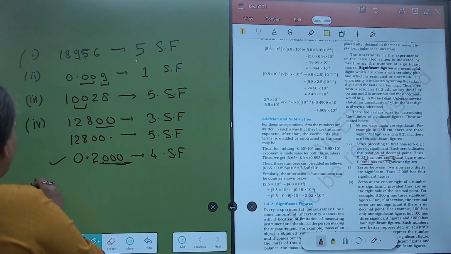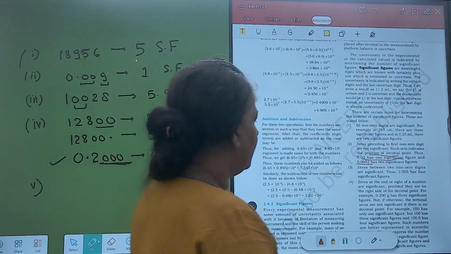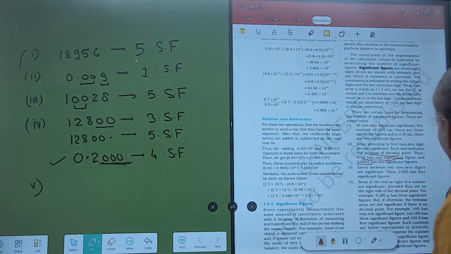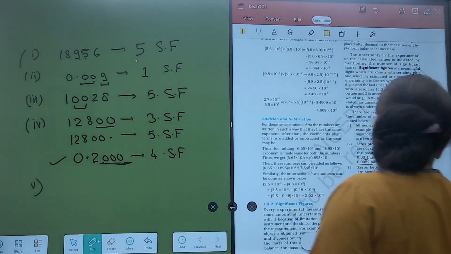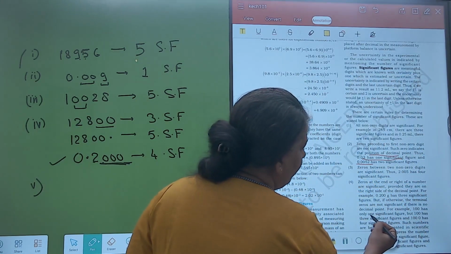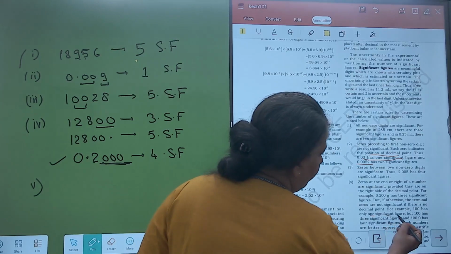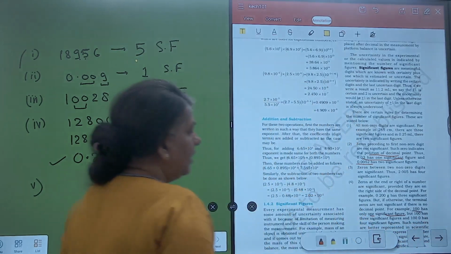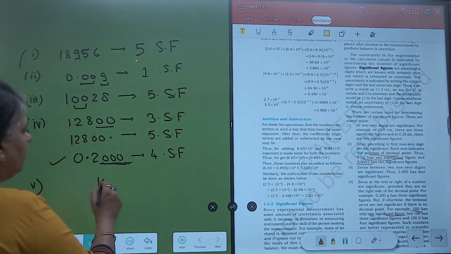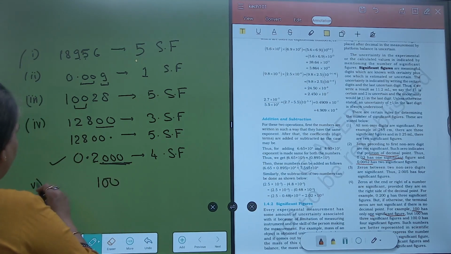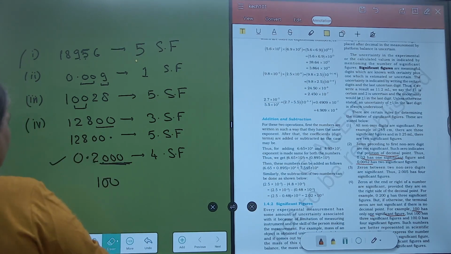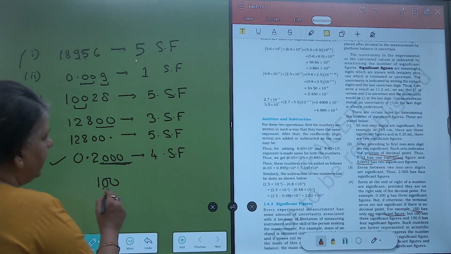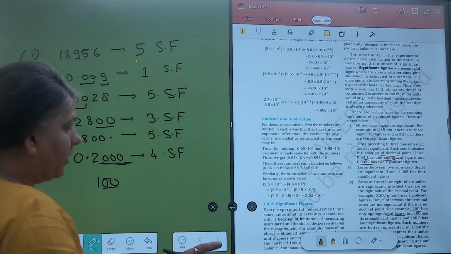And the last rule says, let's see this example also. For example, 100 has only one significant figure, one followed by two zeros. Here in this case, these terminal zeros are non-significant.